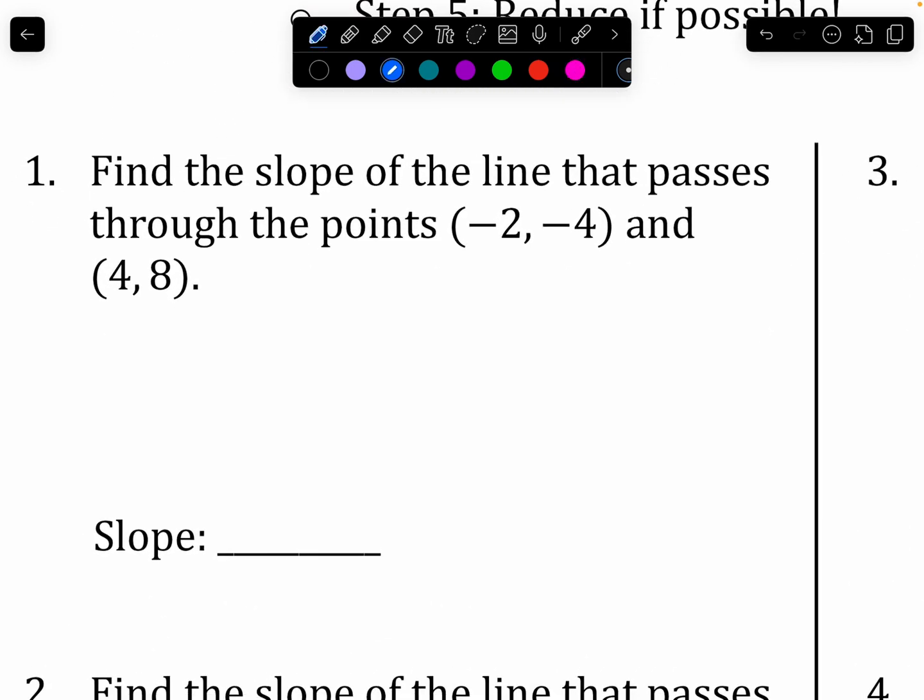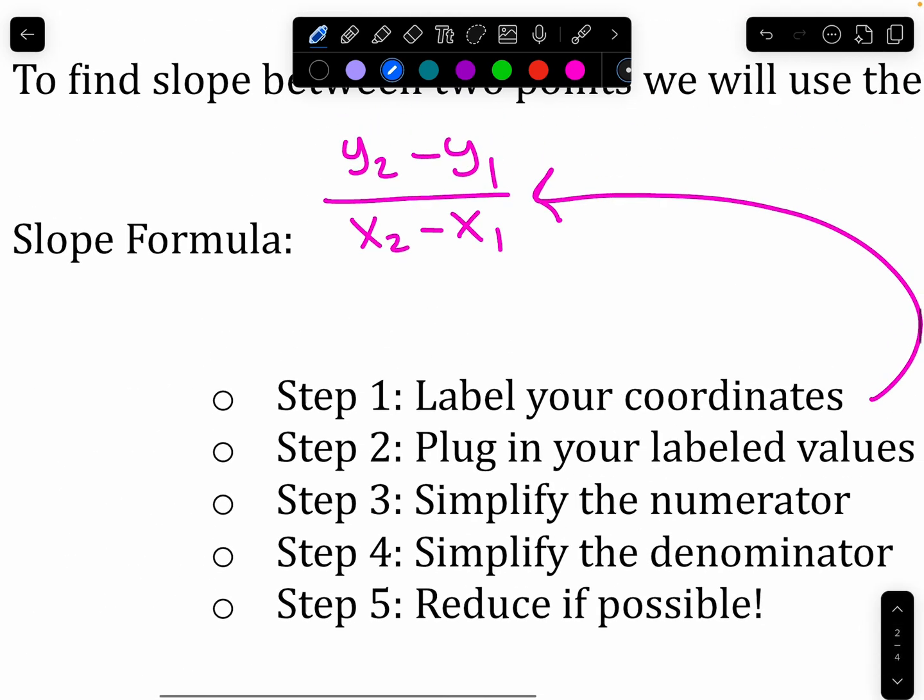So I'm going to go over this first example with you. Our first step is to label our coordinates. Let me back up for a second. Every coordinate or every point that you have is x comma y every time. So I take my first coordinate and I label it x1, y1. And then I take my second coordinate and I label it x2, y2.